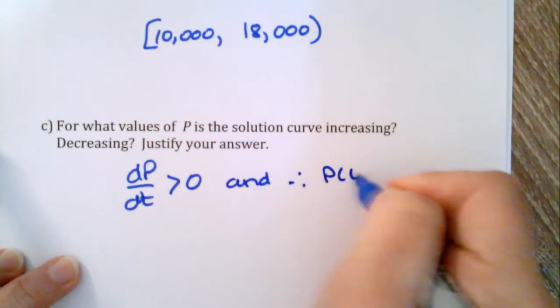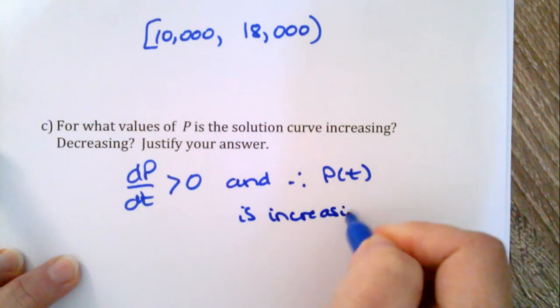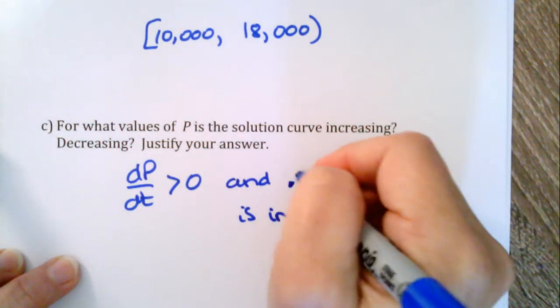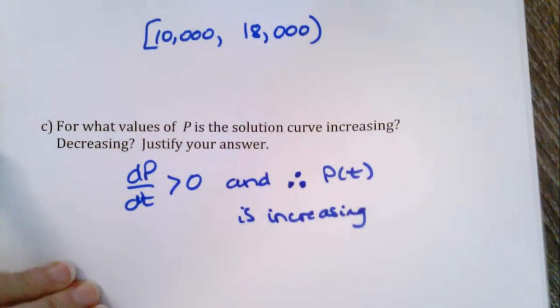Therefore, P of t is increasing, just like we saw before. Okay, so now let's talk about the concavity.